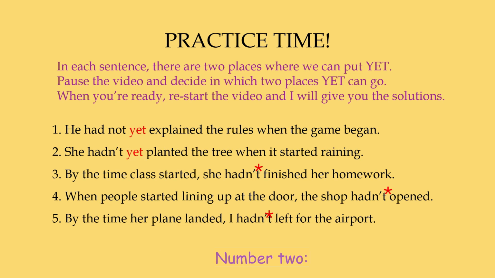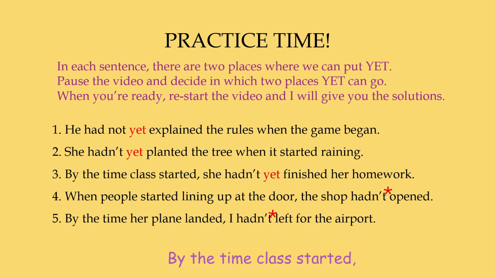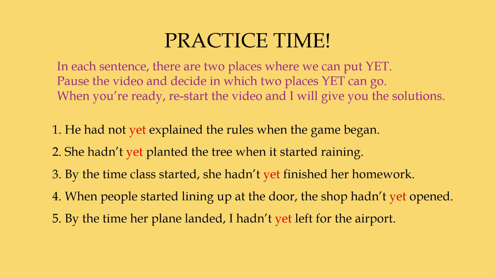Number 2, she hadn't yet planted the tree when it started raining. Number 3, by the time class started, she hadn't yet finished her homework. Number 4, when people started lining up at the door, the shop hadn't yet opened. Number 5, by the time her plane landed, I hadn't yet left for the airport.